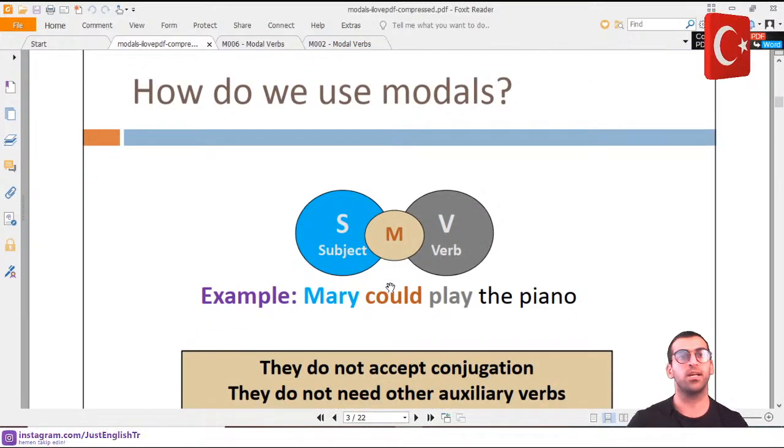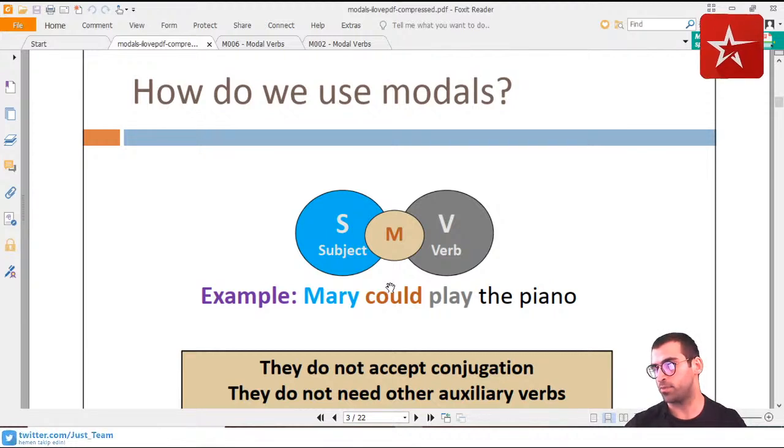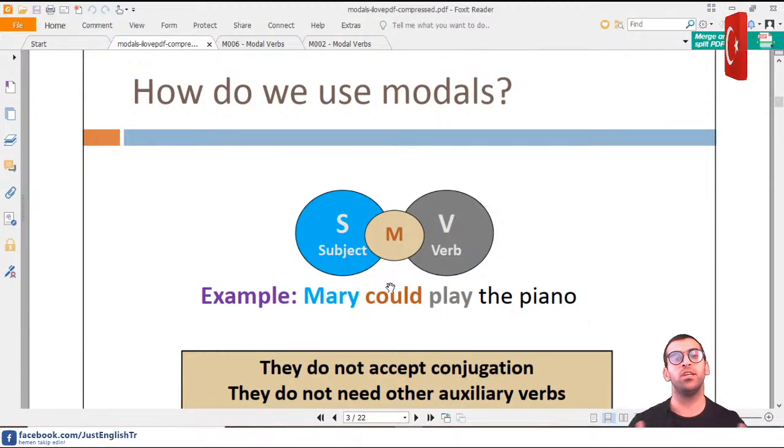So let's start with the structure of modal verbs. How do we use modal verbs in English? As you know, in order to make a sentence, we have to have a subject and verb. For example, I play the piano: subject, verb, and object. But if we want to use a modal verb, we have to use it between subject and verb.